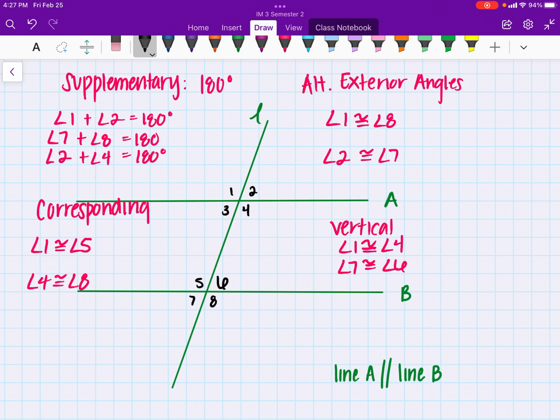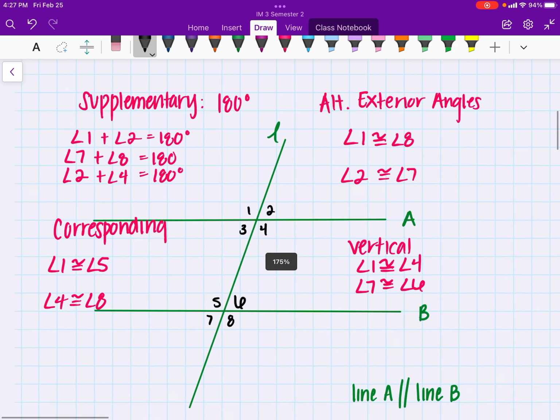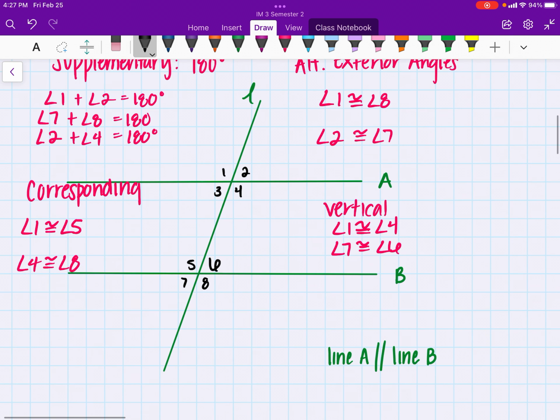Now, next one, and I believe this is actually the last one, let me just double check. We're going to go ahead and talk about the alternate interior. Alternate interior does the same thing as the alternate exterior, just that this one focuses on angles that are on the inside. The interior is these angles here, the ones that are inside. Alternating means that they're going to be on opposite sides.